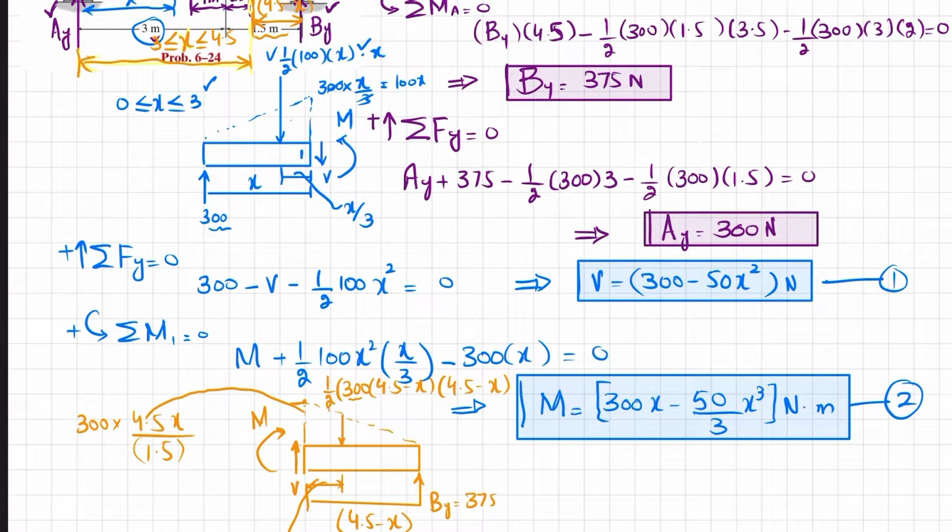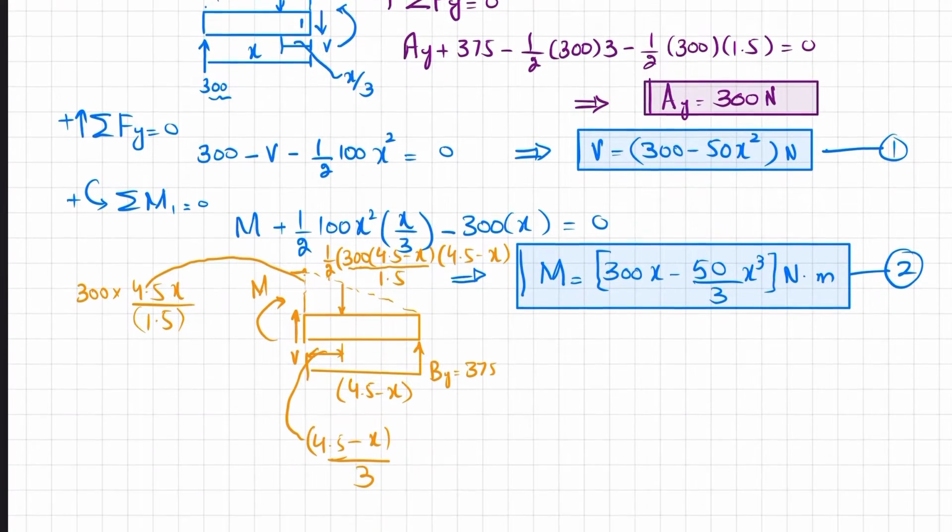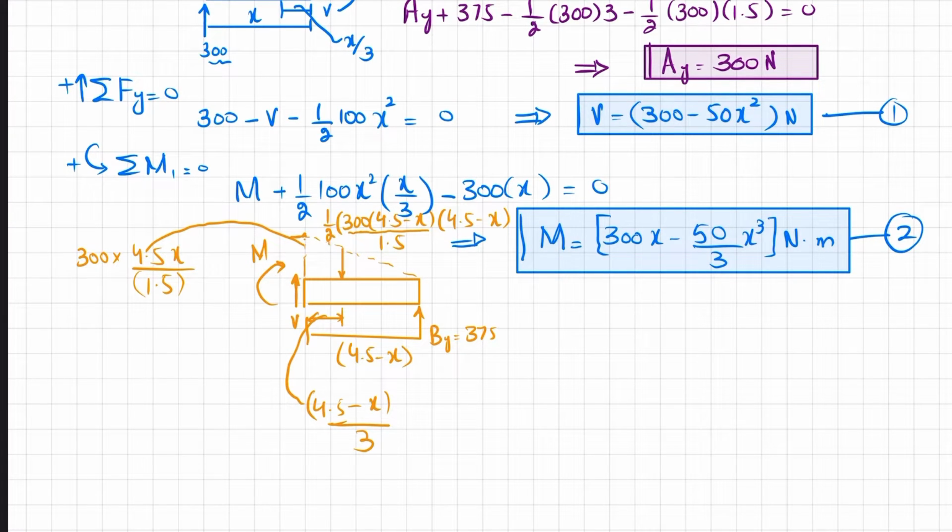You have to make sure that this is 1.5, clear. So basically, if I calculate it, in short, this 300 divided by 1.5 will give you 200 into 4.5 minus x, 200 into 4.5 minus x.